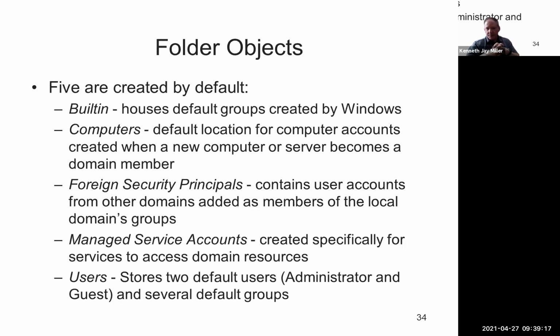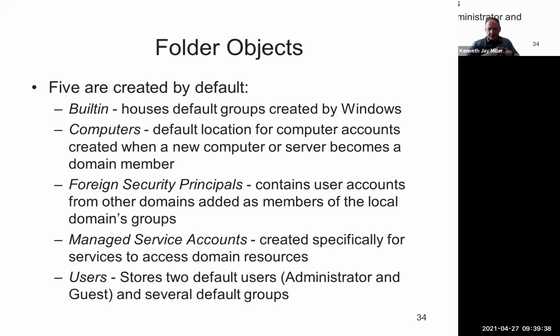Managed service accounts are created for certain services. So we may have backup, we may have our SQL database, and when we install those services, they'll create those managed service accounts. And then our users, which by default only has 2 default users that are created on a clean install.